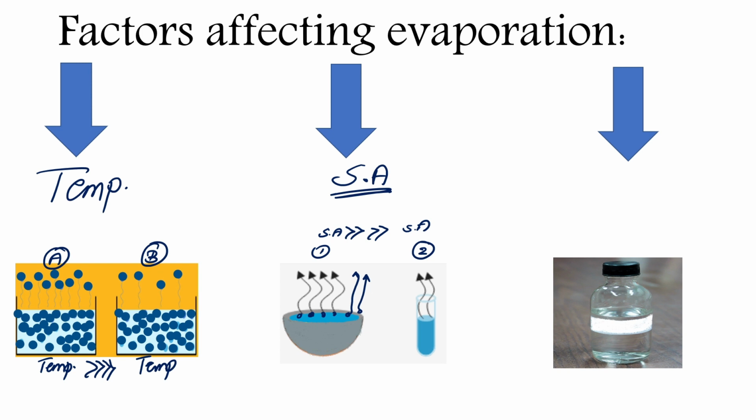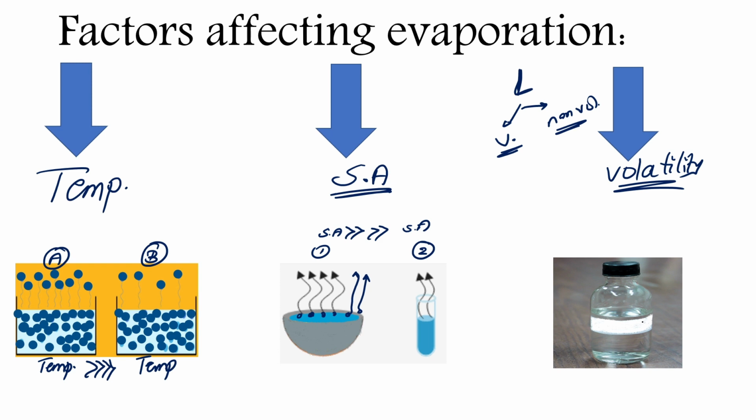The last factor is volatility. What is volatility? Liquids are classified into volatile liquids and non-volatile liquids. Volatile liquids like alcohol have a low boiling point. Non-volatile liquids like water.